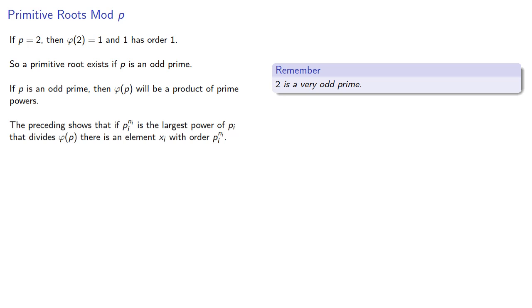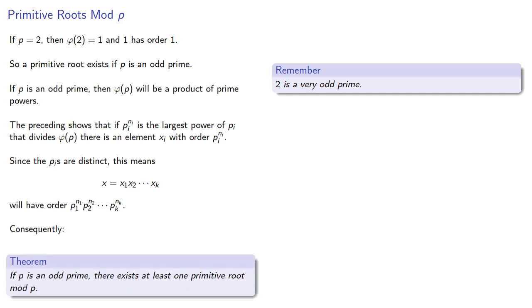The preceding shows that if p_i to the n_i is the largest power of p_i that divides phi of p, there is definitely an element x_i with order p_i to the n_i. Since the p_i's are distinct, this means that the product of those elements will have order phi of p. Consequently, if p is an odd prime, there exists at least one primitive root mod p.